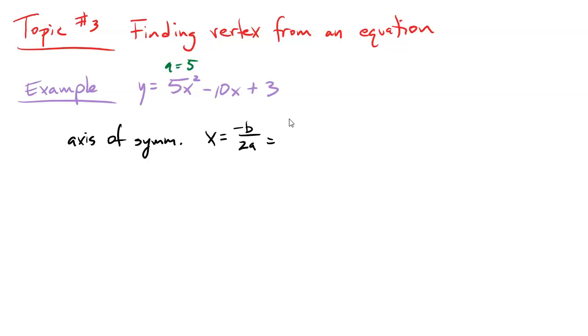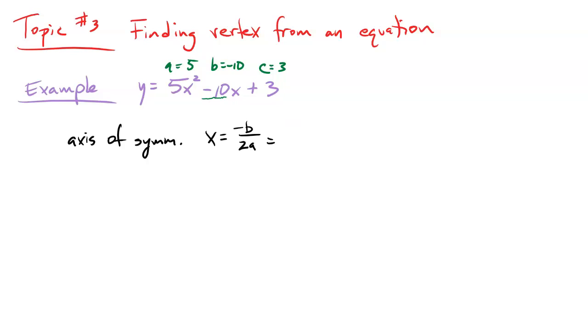B is always the number on the x. I don't think we had a negative one up on top, but the negative symbol stays on the 10. And then C would be the number by itself. I know you only said A, but once you figure them out, they definitely go quicker. But do know that if there's negatives, it stays with the number.